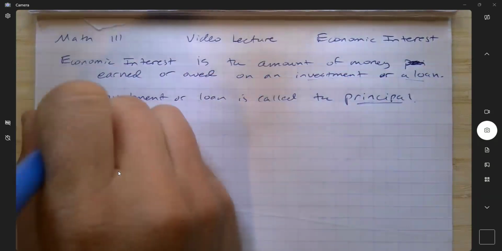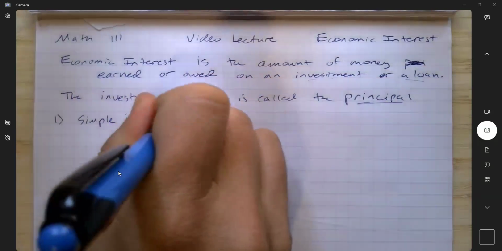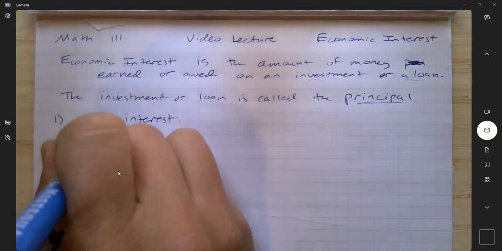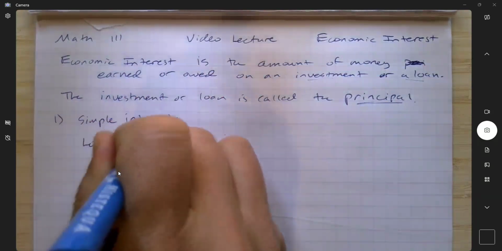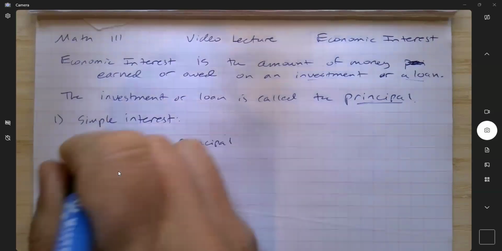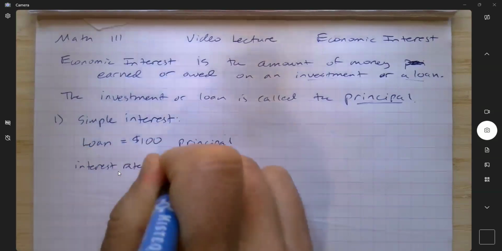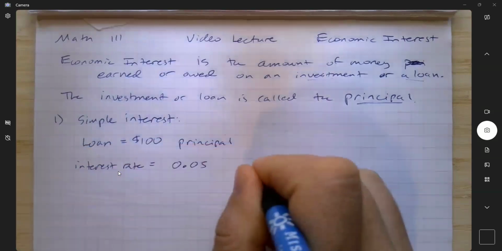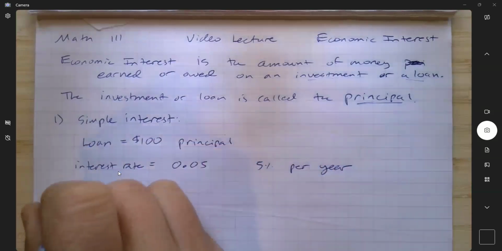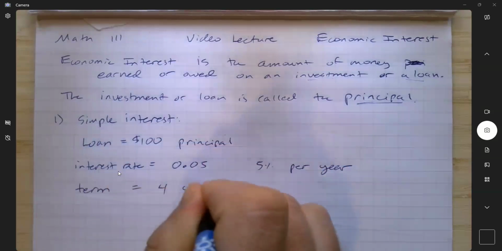The first is called simple interest. Now, let me give you an example. Let's say I take a loan of $100. That's the principal. The interest rate is 5% per year. And I hold the loan, so the term is 4 years.